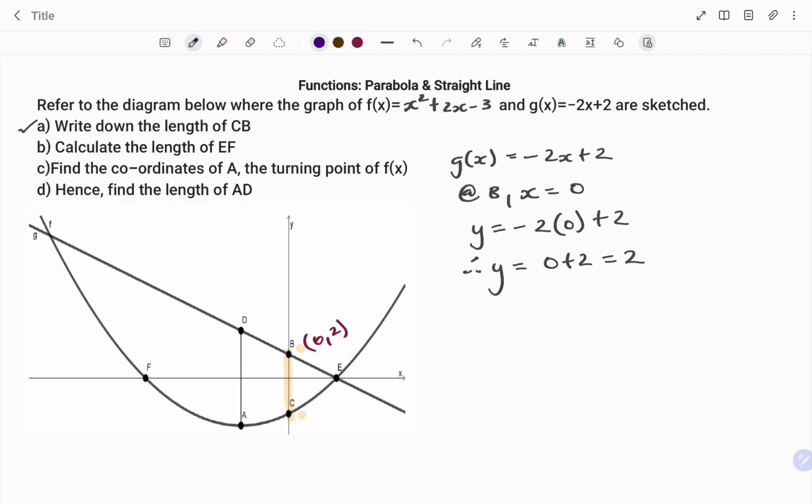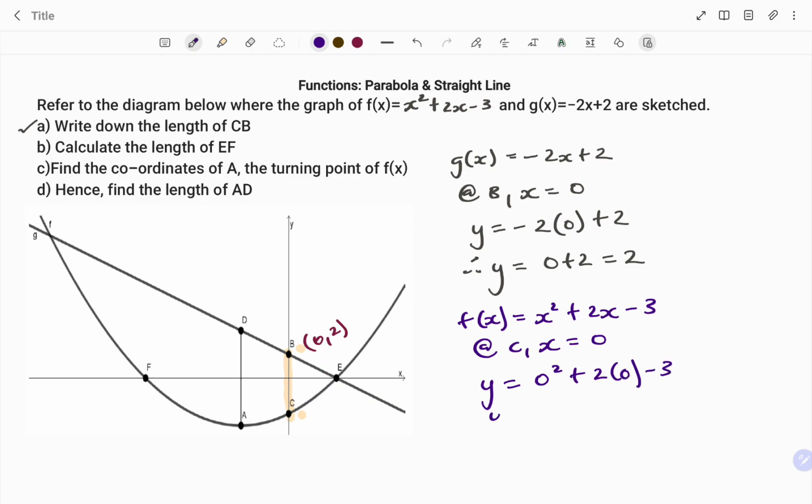We're going to do the same thing for point C. If you look at point C, the parabola is passing through point C, so we're going to use the equation of the parabola, f of x equals x squared plus 2x minus 3. At C also, the value of x equals 0. So we have y equals 0 squared plus 2 times 0 minus 3. Y equals 0 plus 0 minus 3. Therefore, the y coordinate will be negative 3.